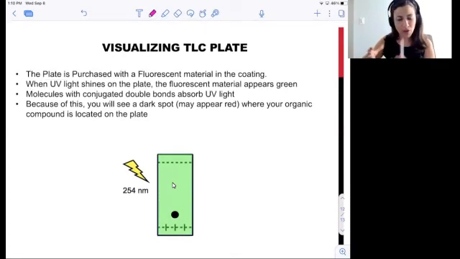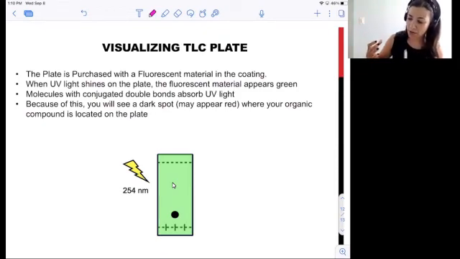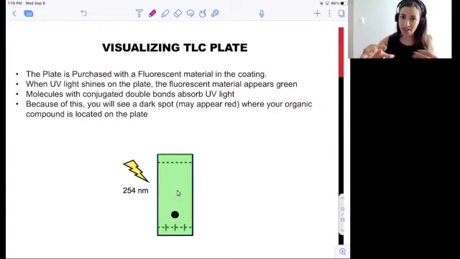Lastly, we keep talking about these spots we're going to see on the TLC plate. What you'll notice about your samples is that they're typically clear and colorless. So you might be wondering, how am I going to see these spots? When we buy the silica gel plates, they're coated with a fluorescent material. And when UV light shines on a fluorescent material, it gives us green light back.